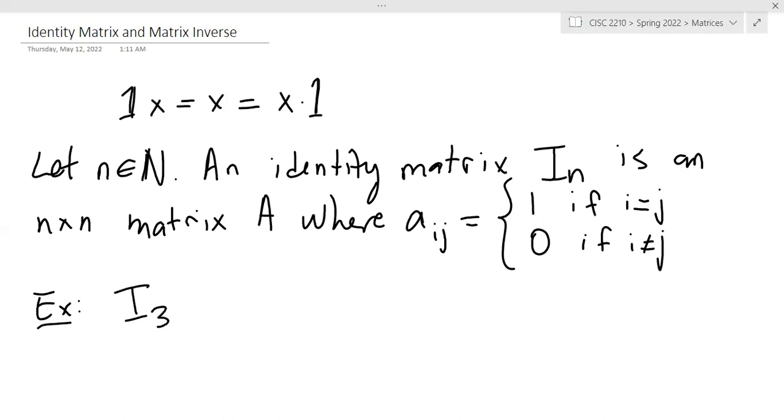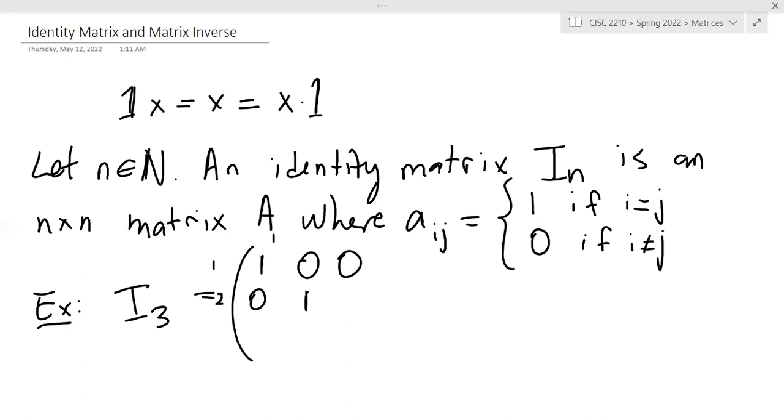So for example, I sub 3 would be the following matrix. It's going to be a 3 by 3 matrix, and now we fill it in with ones and zeros. We put in a 1 if i is equal to j. Here the row is 1, the column is 1, so we put a 1. Here the row and column are not the same, so we put a 0, and a 0 here, then a 0 here again.